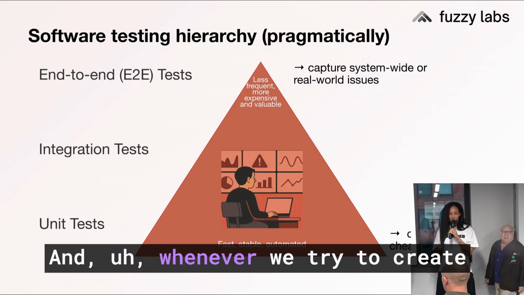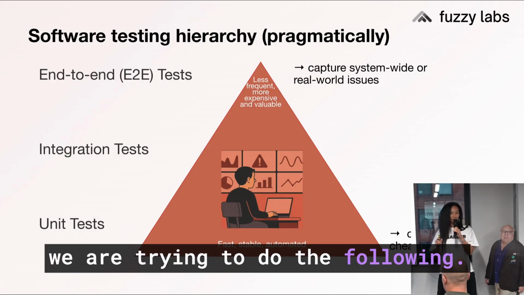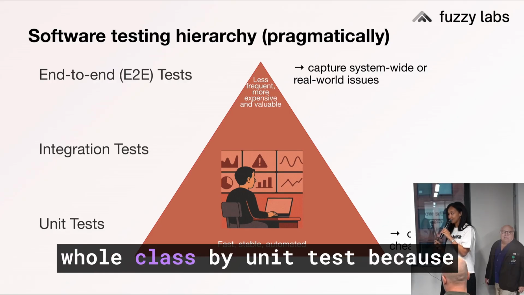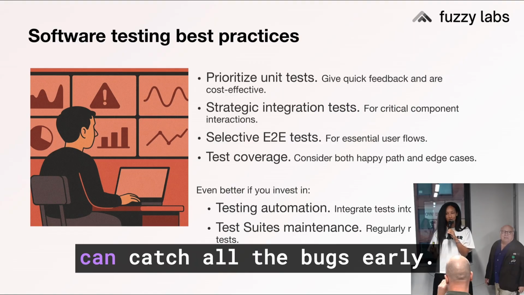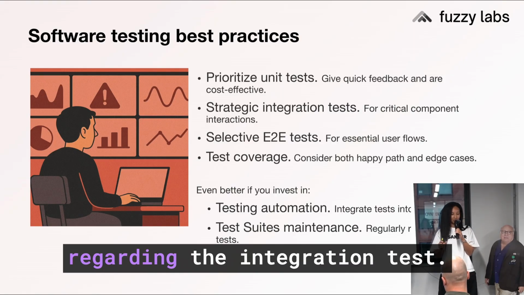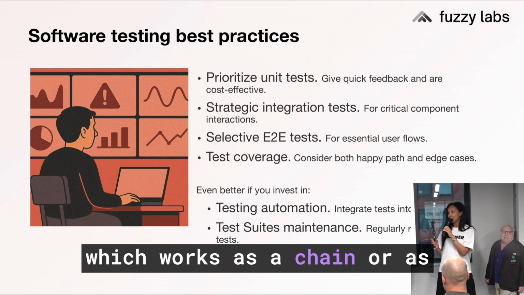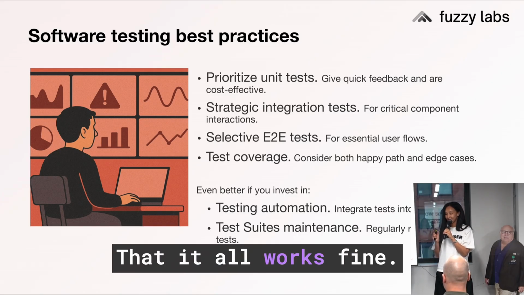And whenever we try to create best practices for our tests, we try to do the following. We try to cover the whole functions, whole methods, whole classes by unit tests, because it's easy, it's cheap, and it's pretty deterministic, so we can catch all the bugs early. Then we are more strategic regarding integration tests, because we need to make sure that a couple of components which work as a chain, or as a team, better to say, all work fine.